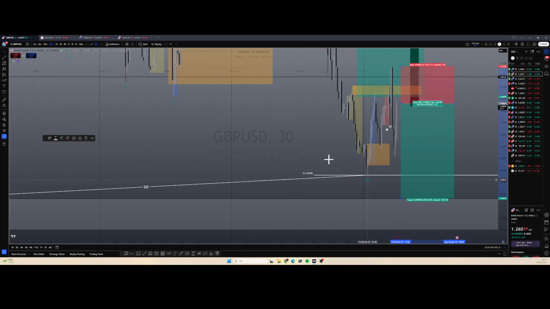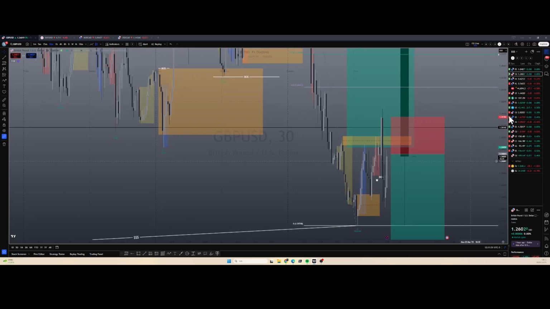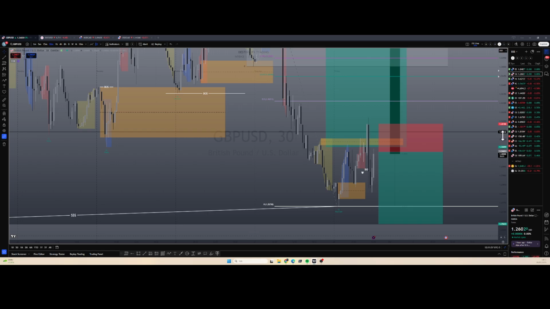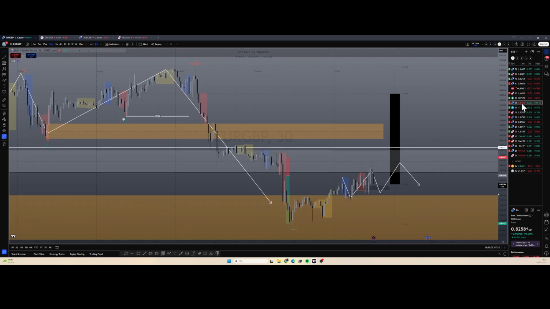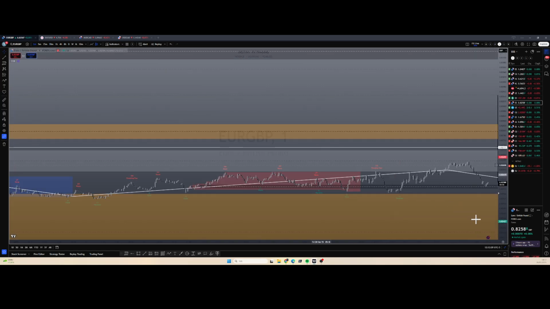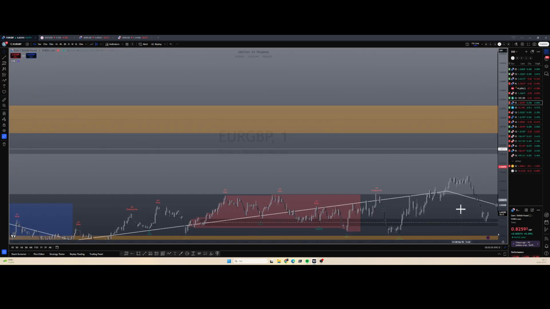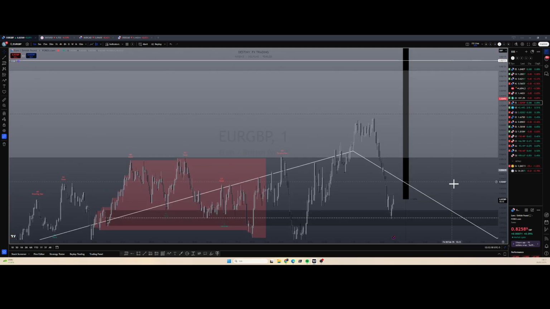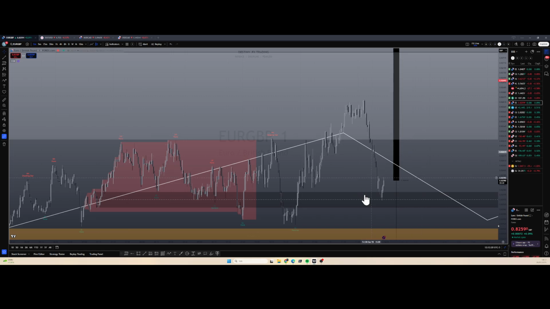So EuroGBP should push up, if what I'm saying is correct, right? But who am I? I'm just a normal guy, right? And this is a beautiful long, a beautiful area to look for some long positions from.